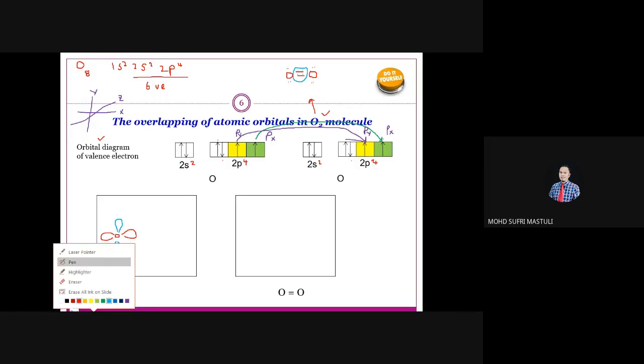Another oxygen, the same identical oxygen, has px and also py.